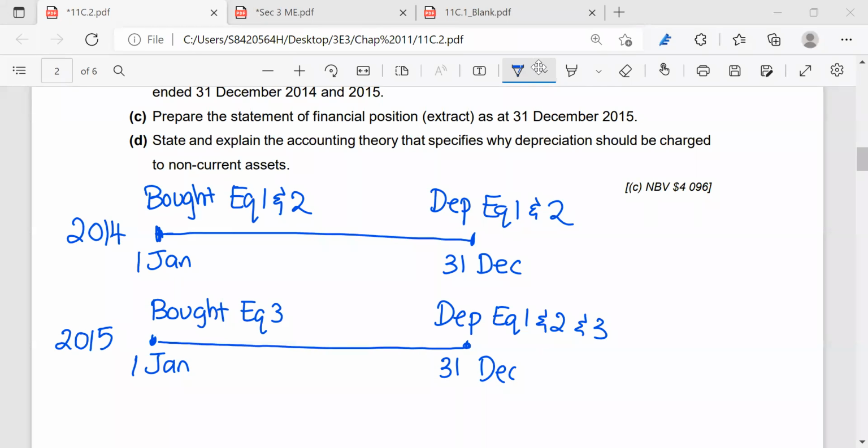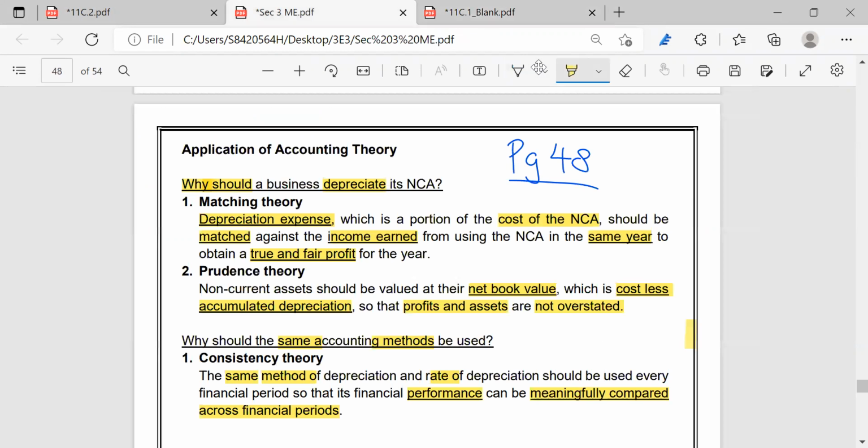All right, so on the blank page, can you take out your foolscap paper? So you start off with part A. This is worksheet 11C.2. Part A: 2 causes of depreciation, so we can always go back.